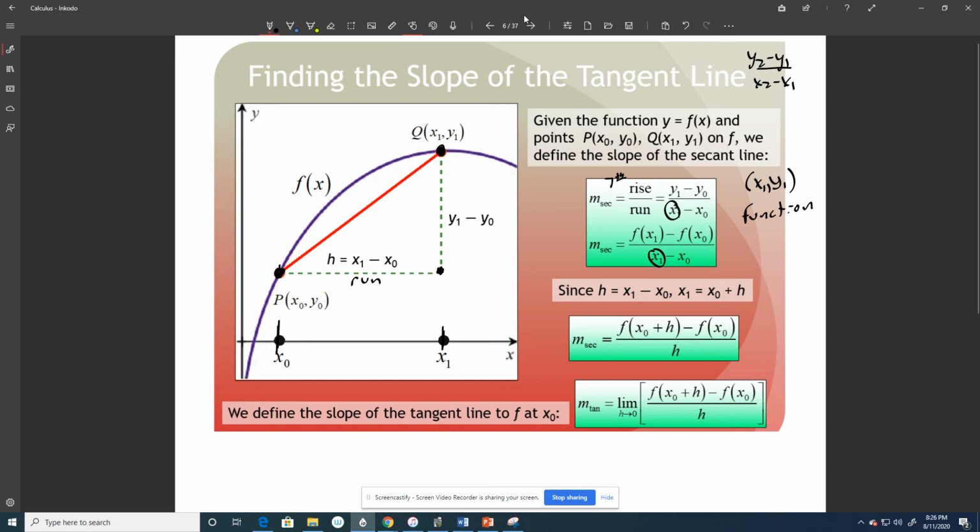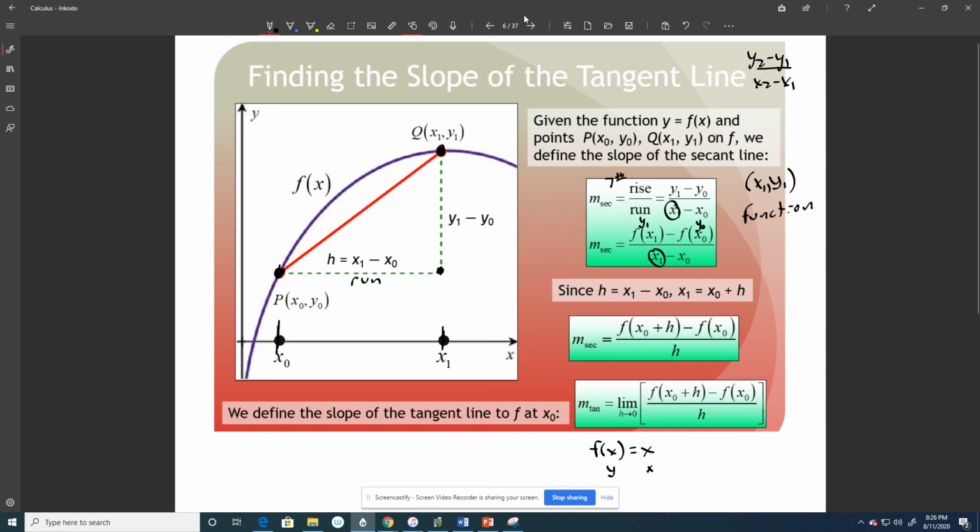But with function notation, if I have an x and I plug it into a function f of x, remember, here's my x value. When I plug it in, I get a y value. So it's just replaced the y's with function notation. So this f of x sub 1 just means y sub 1. And this f of x sub naught just means y naught. Okay, so it's the same formula. It's just in function notation.